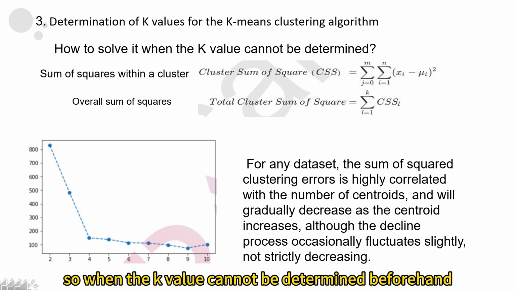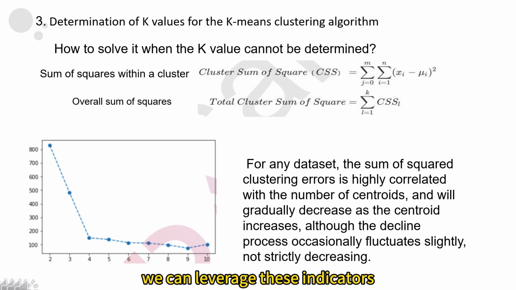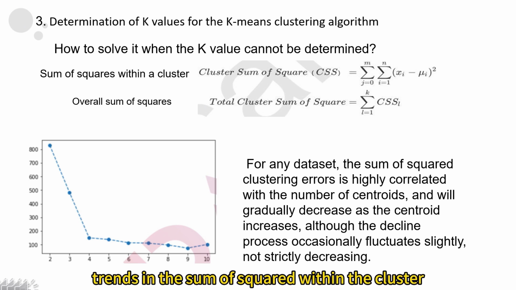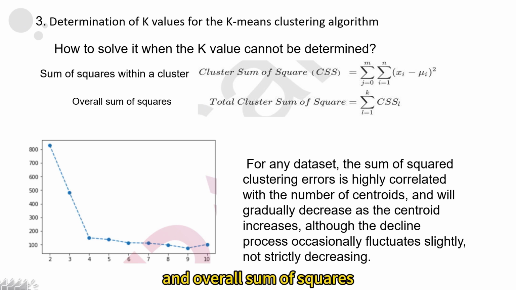So, when the k value cannot be determined beforehand, we can leverage these indicators to assess different values of k and select the most appropriate one based on the observed trends in the sum of squares within the cluster and overall sum of squares.